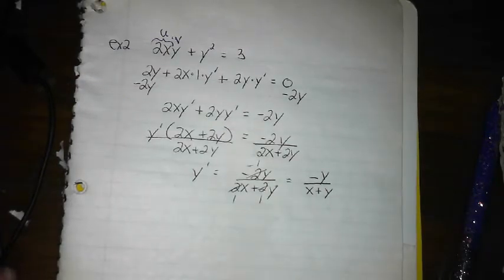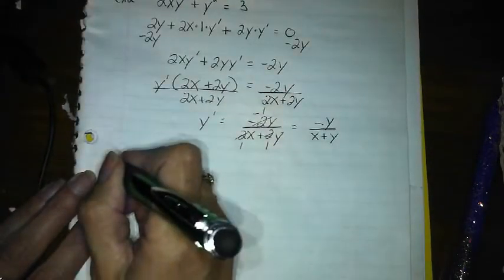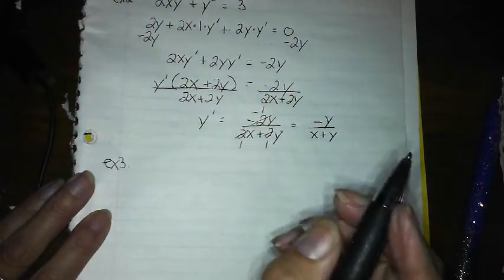All right, we are at our last example already. But we're going to add to it. We're going to do the derivative and find the equation of the tangent line.